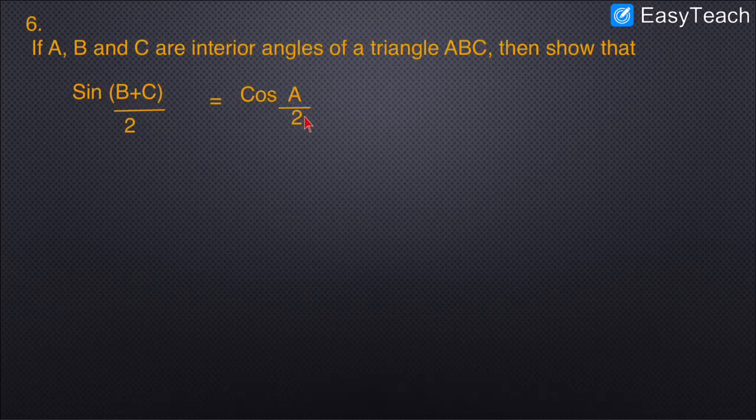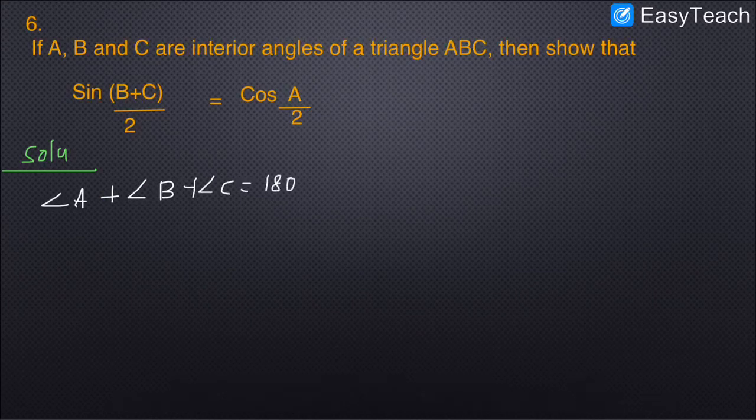Right? The summation of all the interior angles is 180 degree. So in the next step I am going to group. So look at the question. We have B and C on the LHS side and A on the other side. So I am going to bring A to the other side.